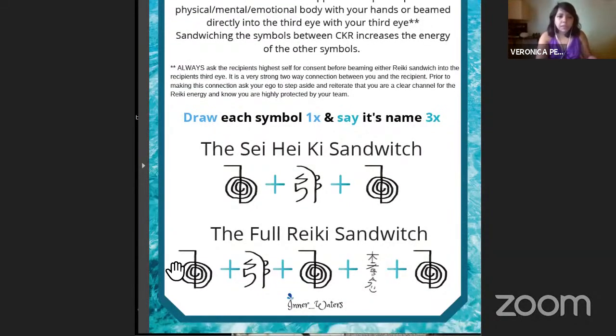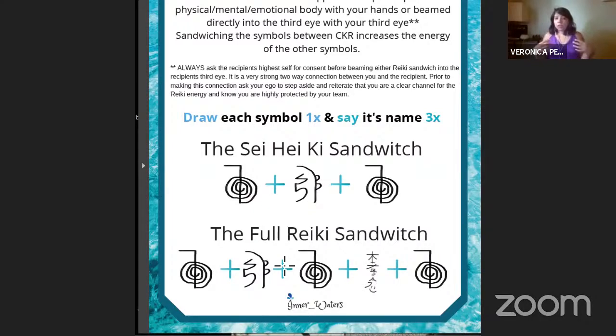And so then we have the full Reiki sandwich. We do chokure, seiki, chokure, hon sha ze shonen, and chokure. You can use those whenever you need. The first one is for when you're addressing emotional issues that are going on right now and are more present.